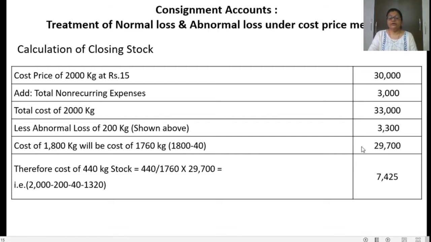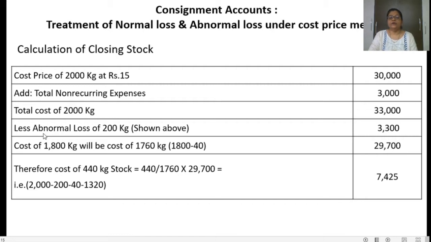Then calculation of closing stock. Now you have to be very careful when you are doing this. When you are calculating closing stock when there is a normal loss, you have to start with the beginning. That is, you have to see what is the total cost price of the goods sent. That is 30,000. Total non-recurring expenses added 3000. So the total cost of 2000 kg was 33,000 inclusive of non-recurring expense.